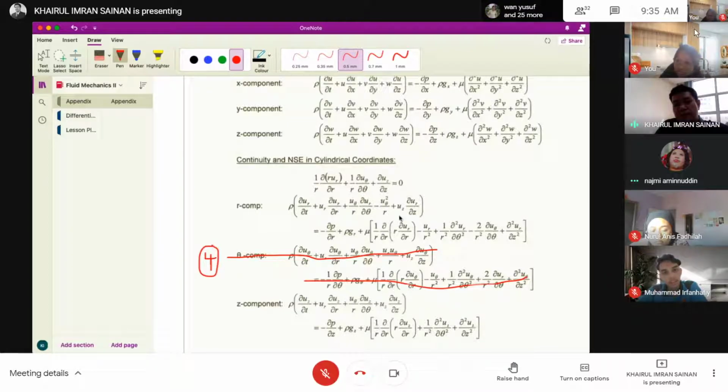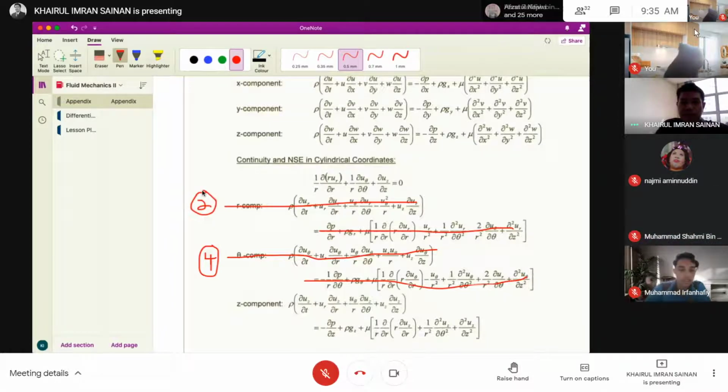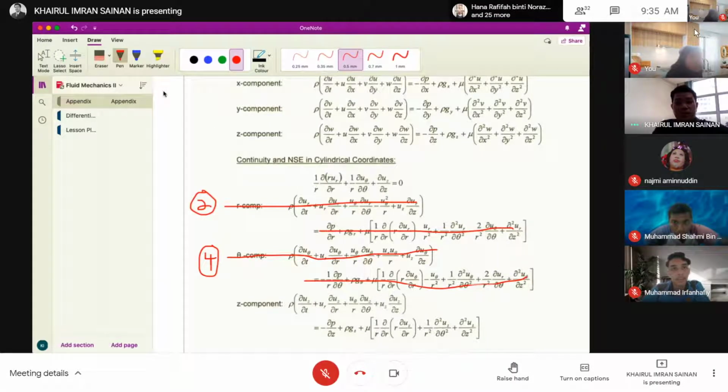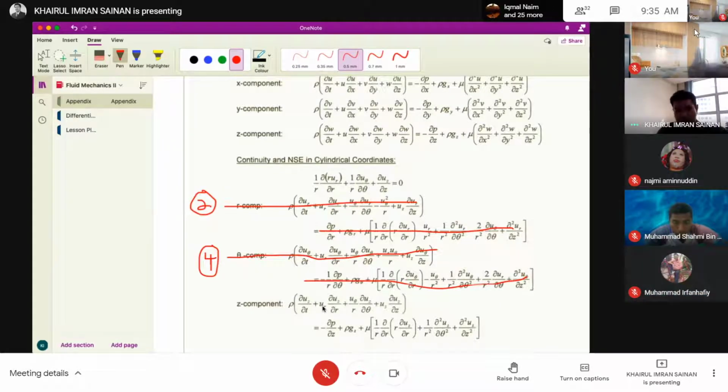Can I cancel out this one? Yes, sir. Number 2. Okay, done. Next, we go to the Z component. This one we cannot cancel because our velocity component is Vz.